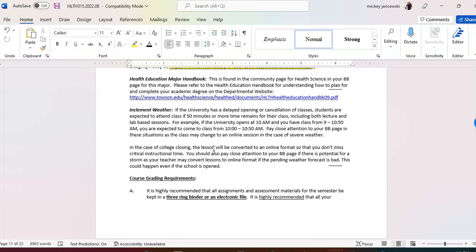Also, make sure you check online in Blackboard for our class, because I live in Pennsylvania and I know many of our students travel from distances equally as far as or further than where I drive. So I try to listen to the weather for surrounding areas of Maryland and sometimes make decisions that could be different than Towson. If we do not have class in person due to weather and it is scheduled to be in person, we will switch to synchronous online.